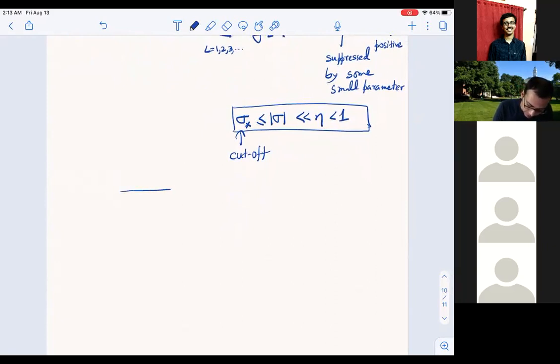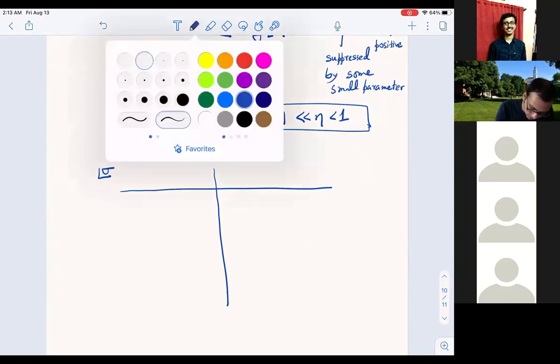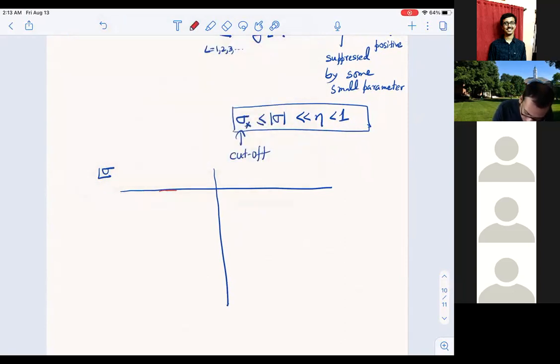Okay, the next step is, in the complex sigma plane, let's draw this contour. So this is a semicircle, but it does not look like one. Let me try to draw it again. Okay.